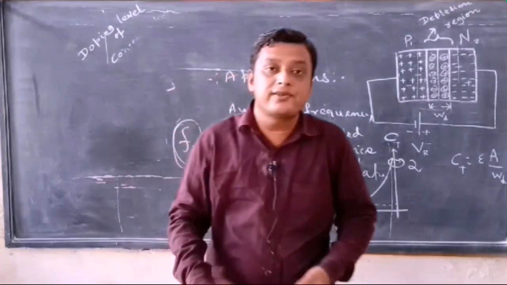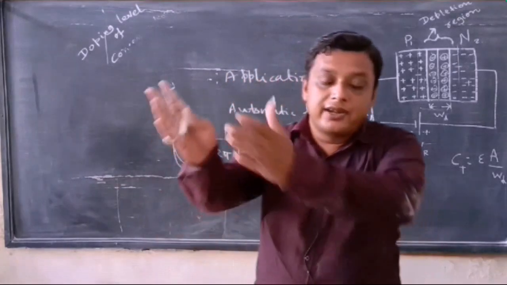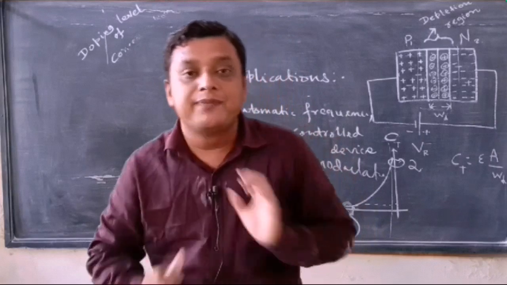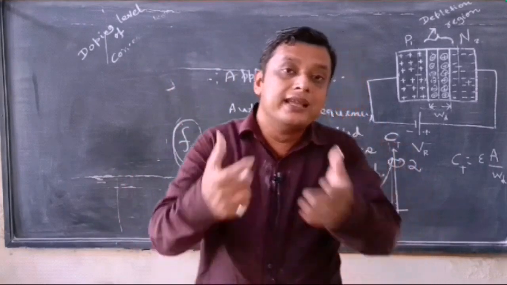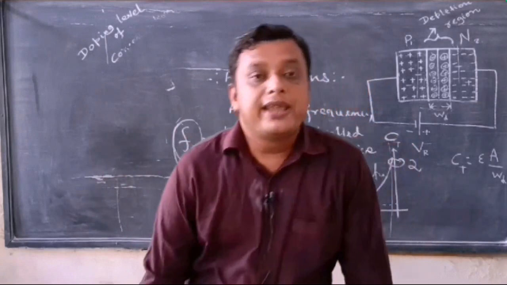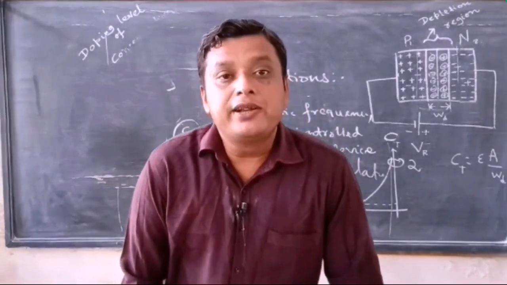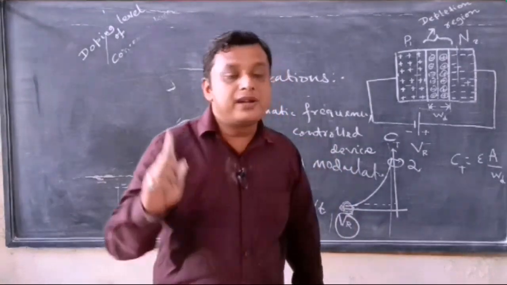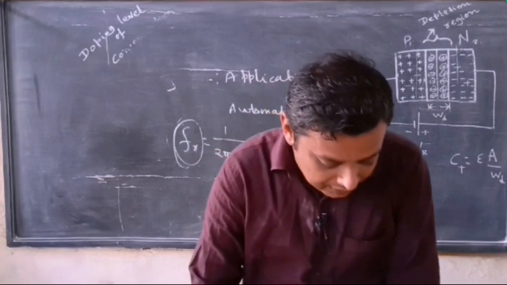There are lots of filter circuits, and filter circuits control the quality of the signal, which signal should be passed, which signal should be transmitted and propagated through the equipment. So in a band pass filter, we can use varactor diodes.